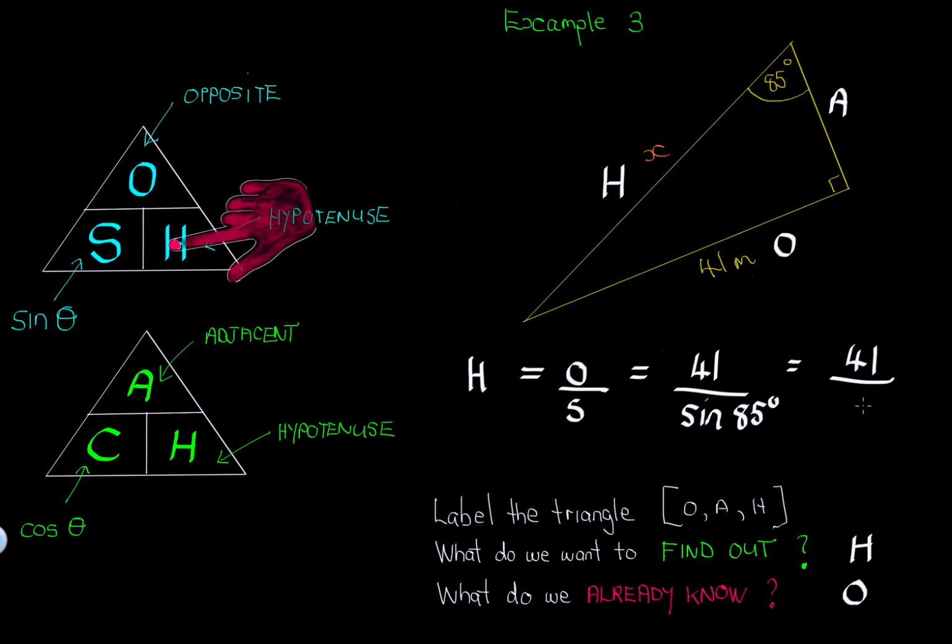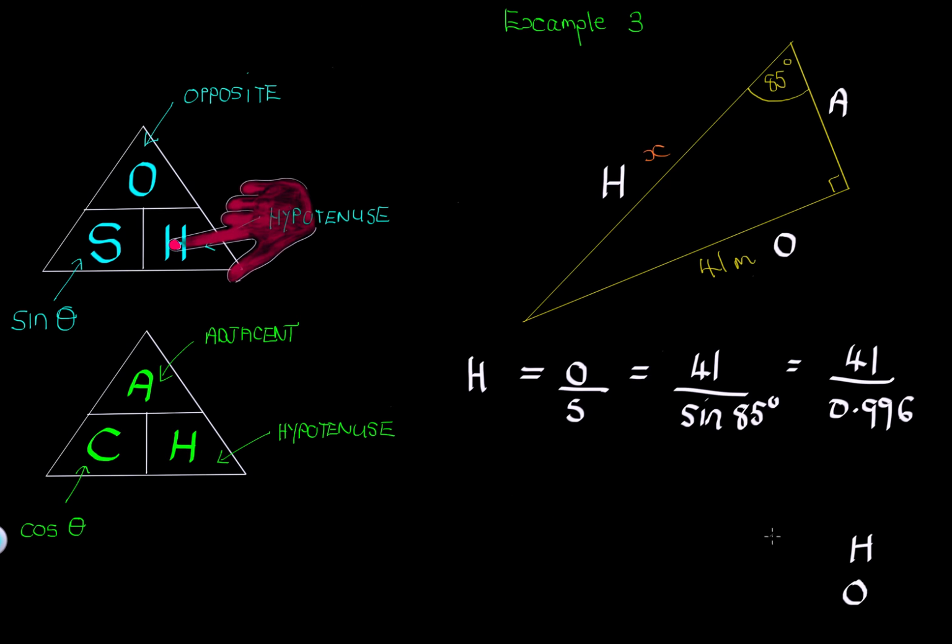So once again, we go for our calculator and we use our sine button to work out the sine of 85 degrees. And that equals 0.996. And so finally, we work that part out.